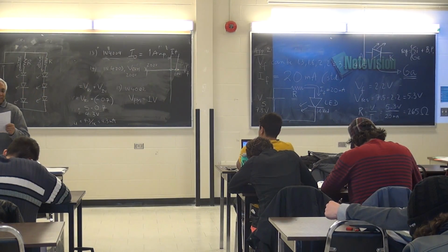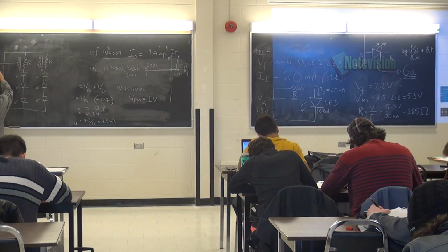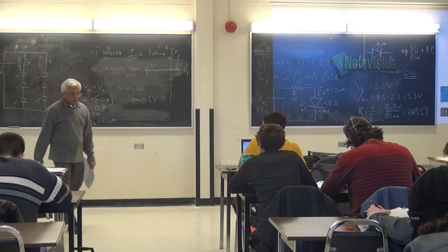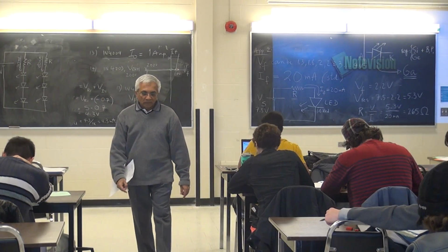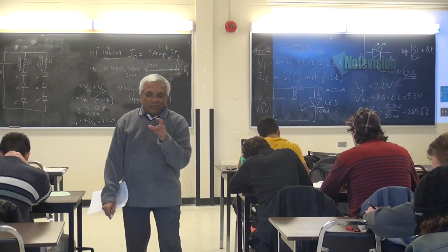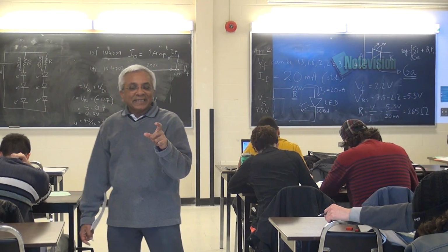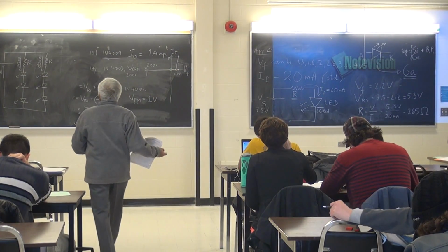Draw the circuit diagram. There it is. Supply voltage is 12 volts. These kind of lights are becoming very popular, even these pocket LED lights that you have now.